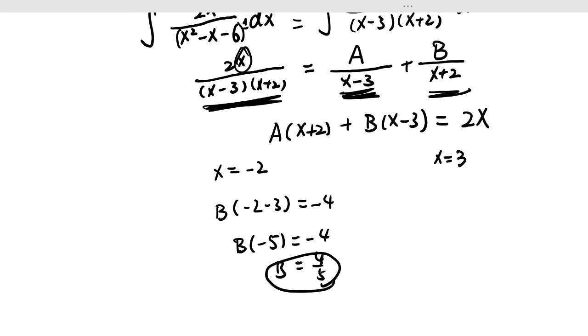For x equals 3, the second term will be 0. So that's going to be A times (3 plus 2) equals 2 times 3. So that's 5A equals 6, so A is 6 over 5.